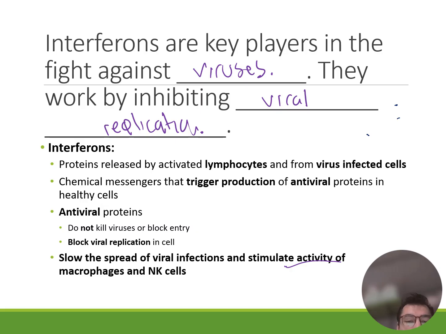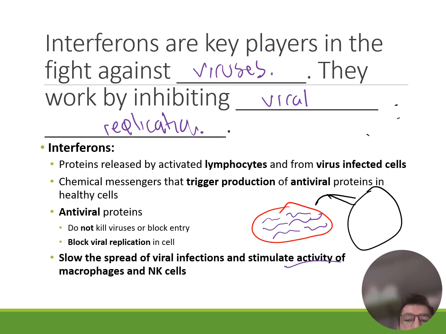So, for instance, if we have a cell that has been infected, now the activated NK cell through those interferons will eat this cell before it can then spread to all those other tissues. So antiviral proteins do not kill viruses, they block viral replication in the cell. Okay.